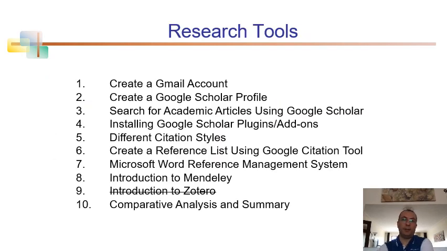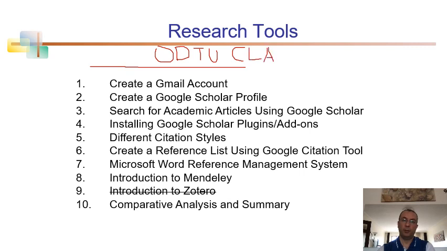So here's a summary of the research tools. I posted also a link to these research tools on Otto class. Check the Otto class website for details, information on research tools.